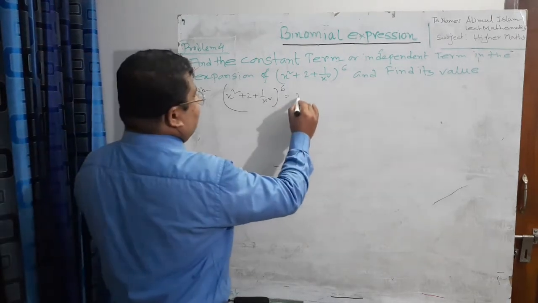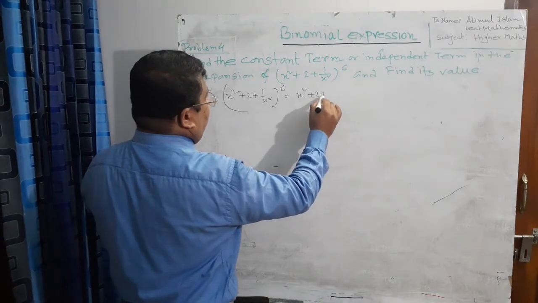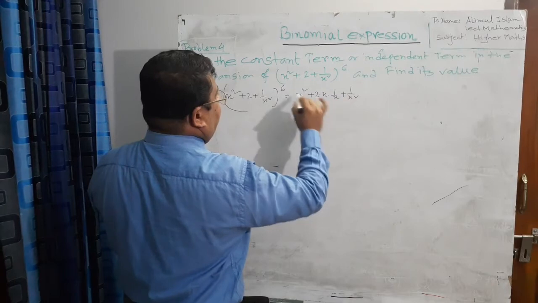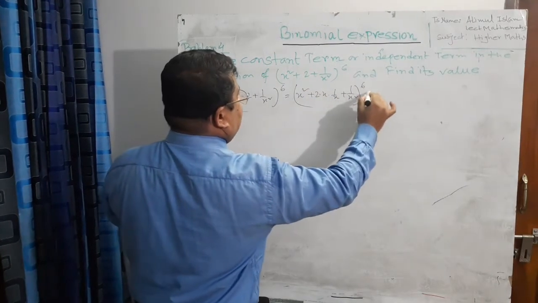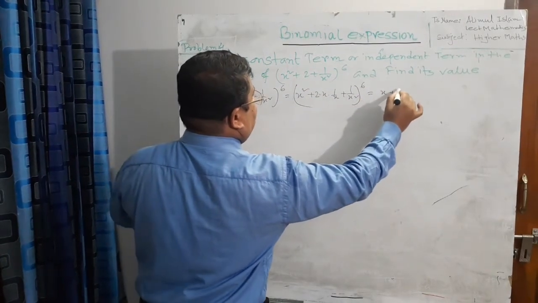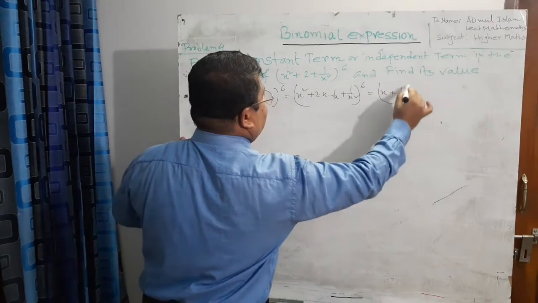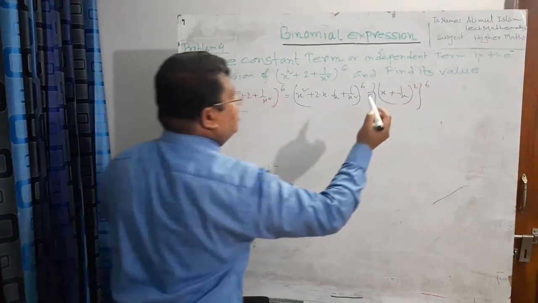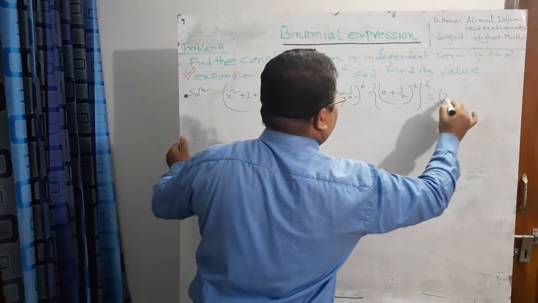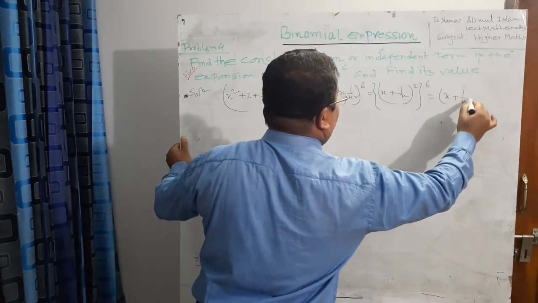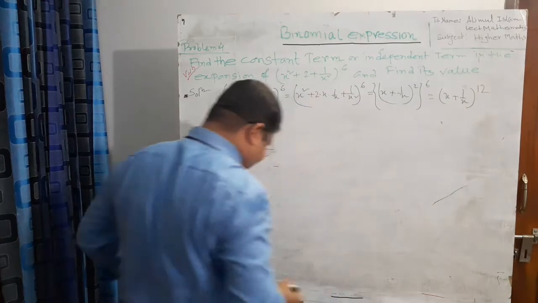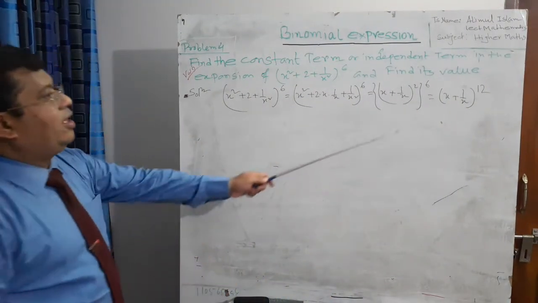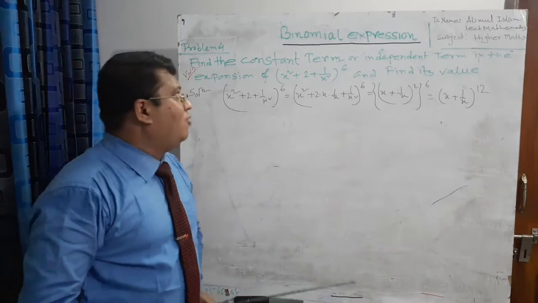Then (x² + 2·x·(1/x) + 1/x²)^6, you write (x + 1/x)², that is 2, to the power 6. You also write (x + 1/x) to the power 12. I have arranged it as the sum of 2 terms to the power 12.